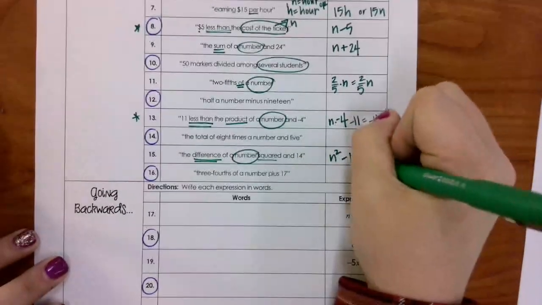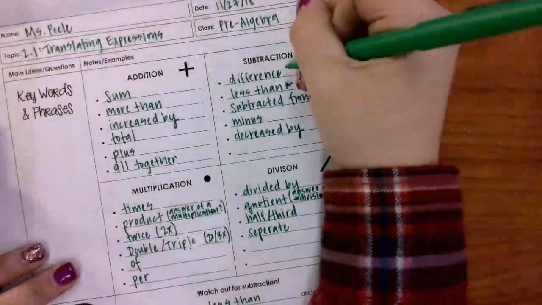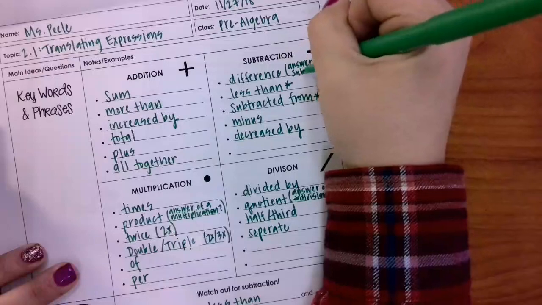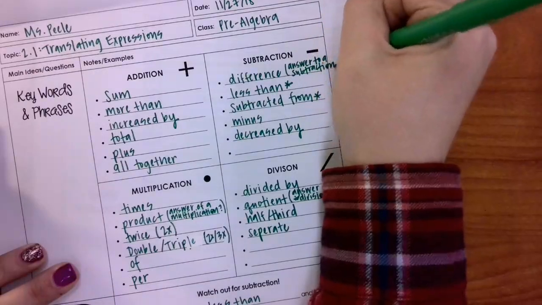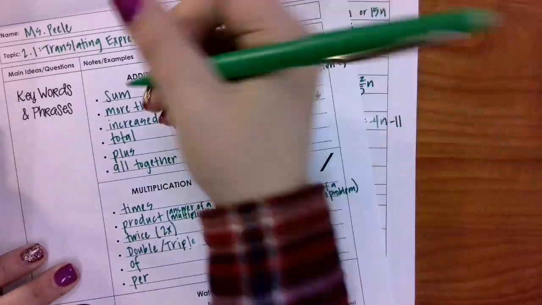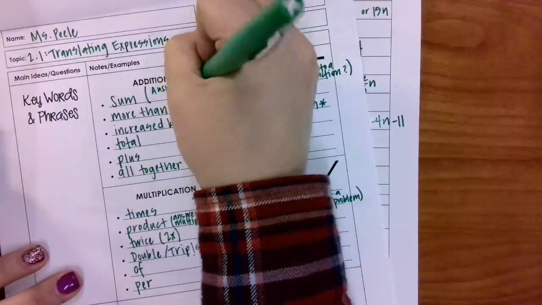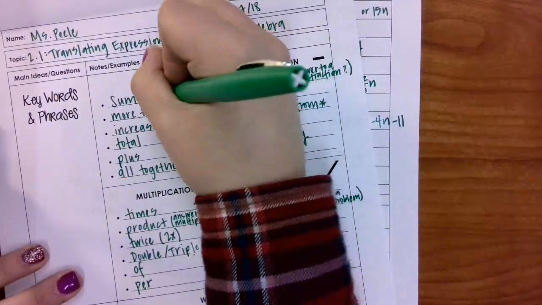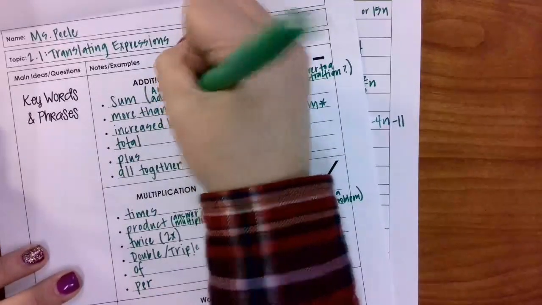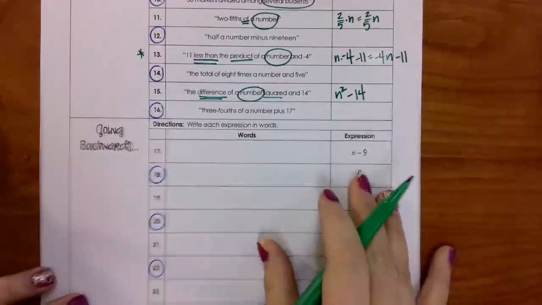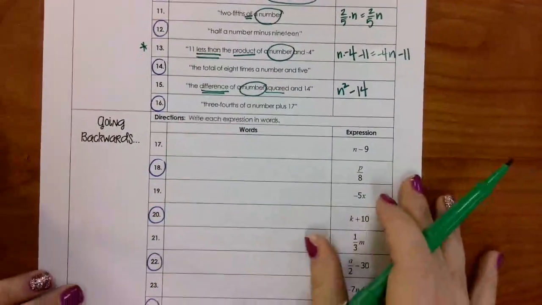Remember, the difference is the answer to a subtraction problem, and the sum is the answer to an addition problem. This may seem like common sense and might not seem important. However, words matter, the order of the words matters, and grammar matters, even in math. Go ahead and skip number 16, circle it, and let's move on.